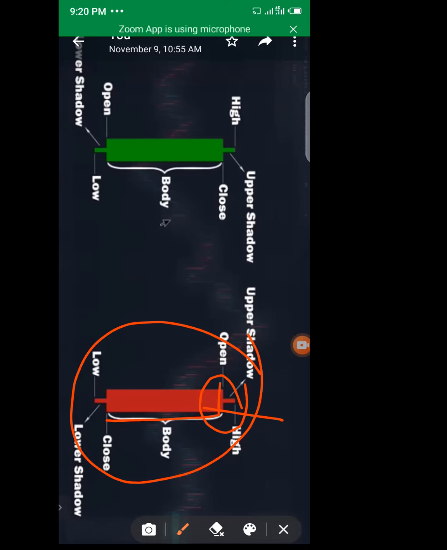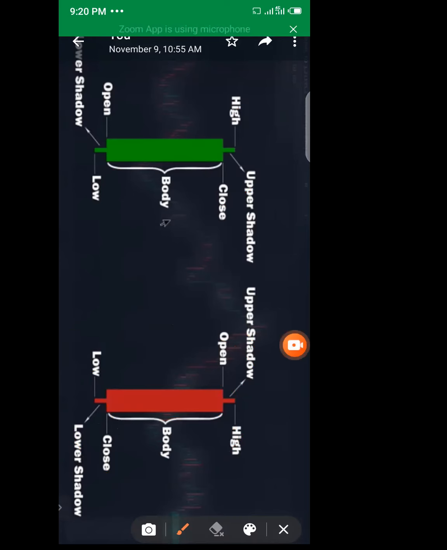So when the sellers push the market to the downside, buyers also came in with their little pressure to push the market up a bit, which caused the formation of the wick here. The same thing applies here too. When the buyers came in to push the market down a bit, they were trying to push the market down. So it's just the vice versa of what I just explained.